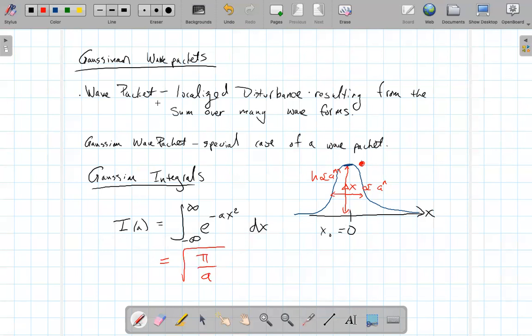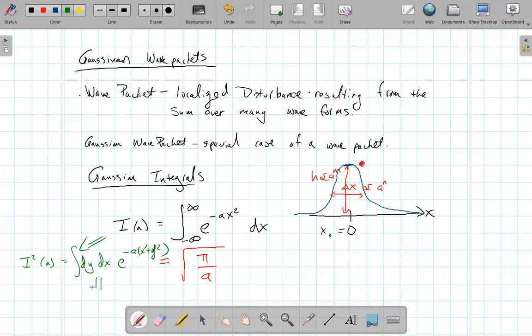I'll give you a sketch of the way this works. Basically, to do this, you consider I squared of A, and you multiply it by a term that looks just like it, but with a y squared instead. So you're actually going to do a double integral: the integral dy, integral dx of e to the minus a times x squared plus y squared.